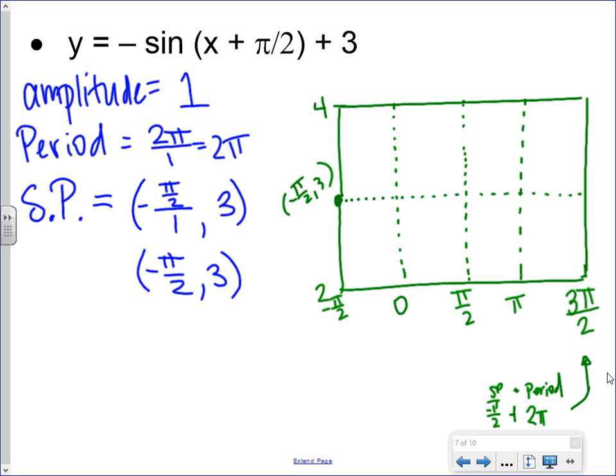Okay. Let me just real quick talk about that second method that I had on that blue sheet. Maybe you don't like doing that. Maybe you don't like cutting in half, cutting in half, cutting in half. Instead, if you wanted to take the period 2 pi and divide it by 4, because we're cutting this into fourths. Okay, 2 pi divided by 4 would be what? Pi over 2.